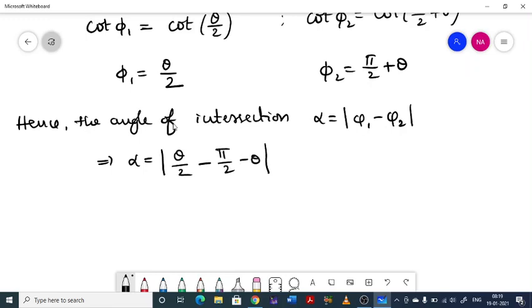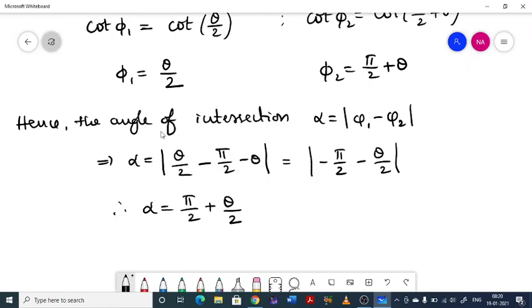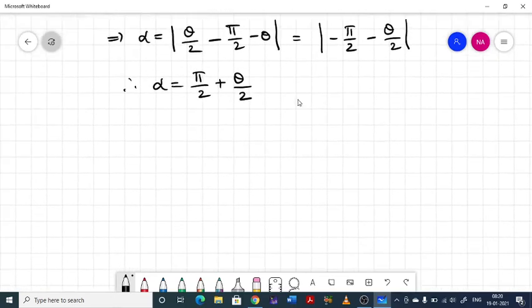So this will be theta by 2 minus theta, which means minus theta by 2, and minus pi by 2 comes along. So alpha equal to pi by 2 plus theta by 2. Alpha equal to pi by 2 plus theta by 2.